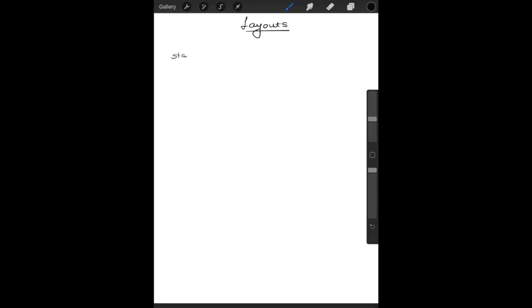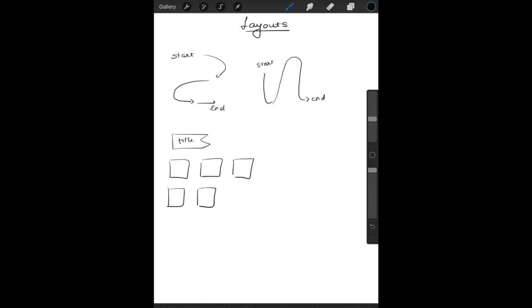So this is where you decide how you're going to structure the information on the page. So the types of layouts are a path, or a comic book strip, I guess, or a grid.